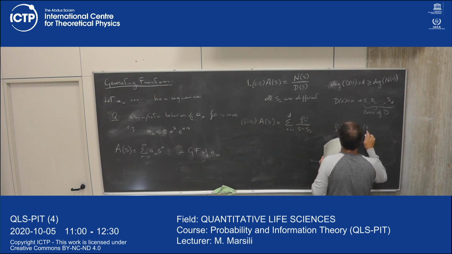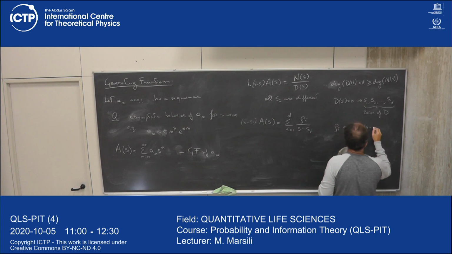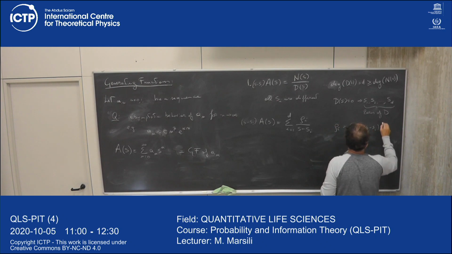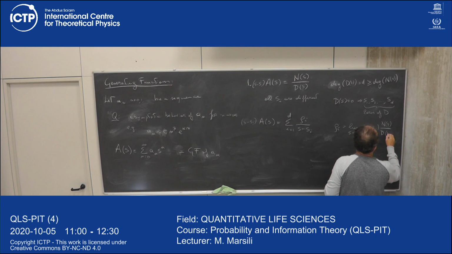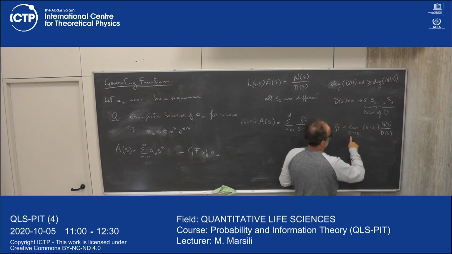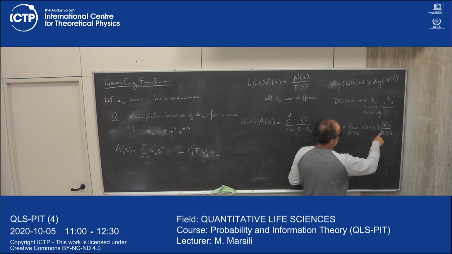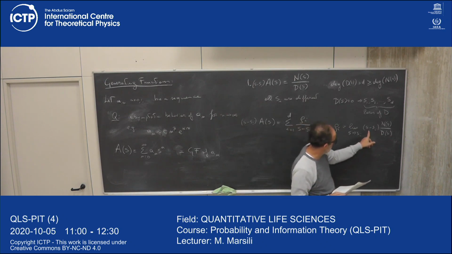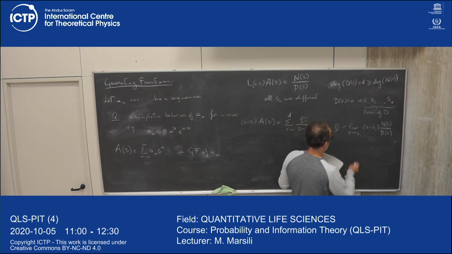So rho I is the limit as s goes to si of essentially n of s divided by d of s. Now, as s goes to si, I can use, say, L'Hopital's rule to compute this.